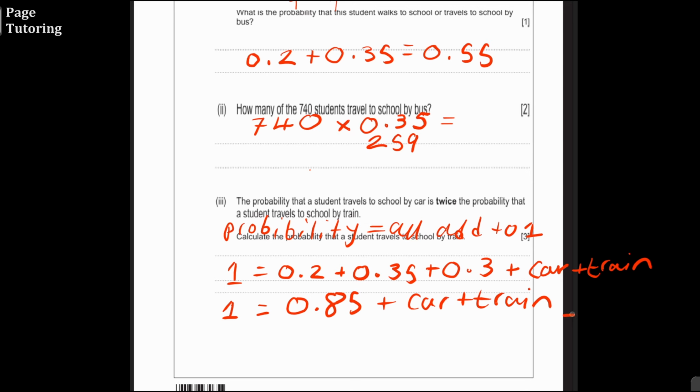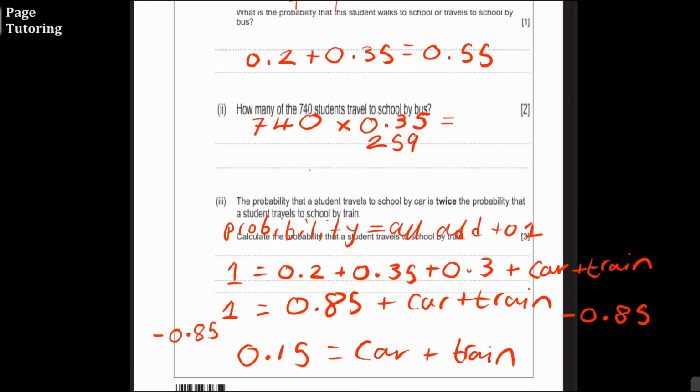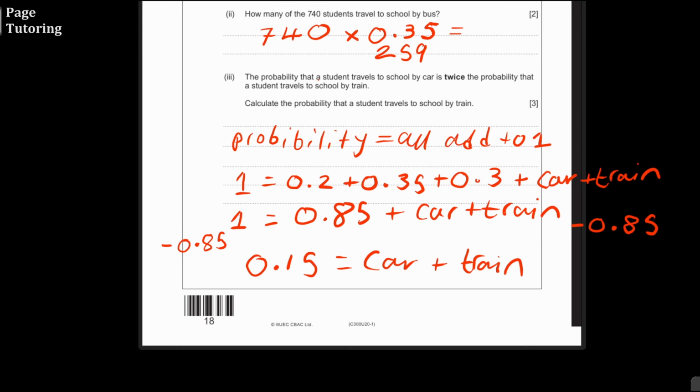So if we take away, we could treat this like algebra. We could take away 0.85 from each side. That will give us that the probability of car plus the probability of train is equal to 0.15. Probability that a student travels to school by car is twice the probability that the student travels to school by train.